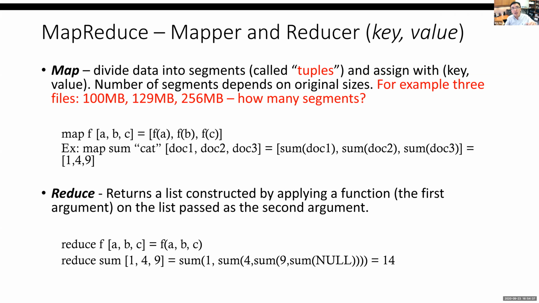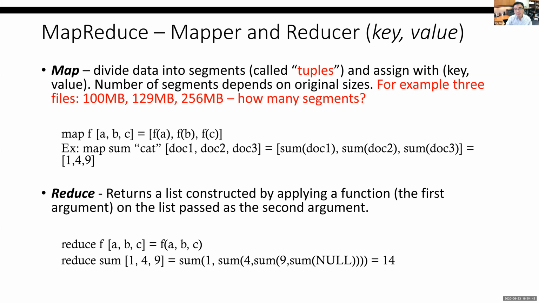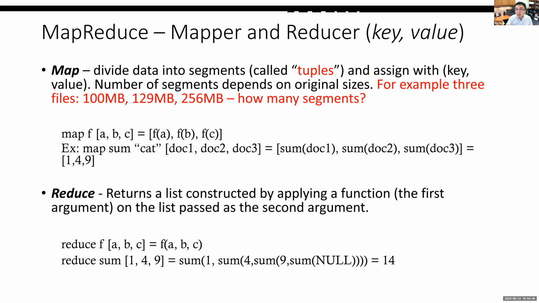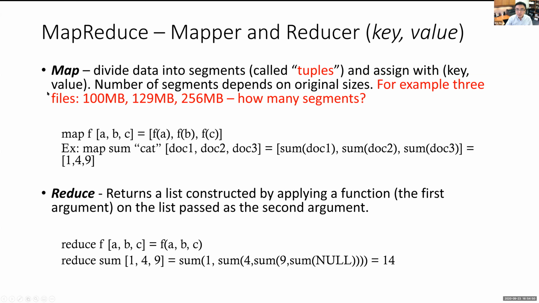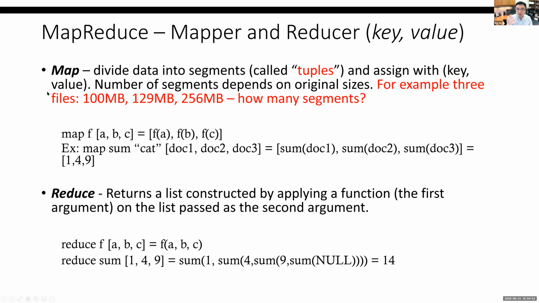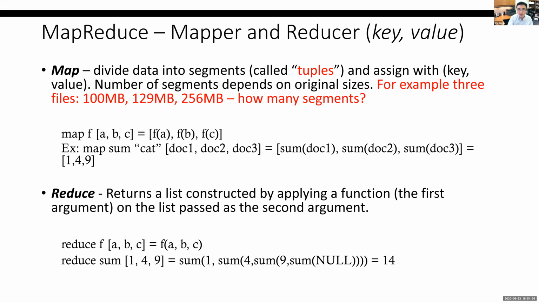And the value is what? How many people in gate 2? How many people in gate 3? So that's a pairwise system called a key and a value. And remember, how do we segregate them? Let's say the customer just uploaded 3 files: 100 megabit, 129 megabit, and 250 megabit.